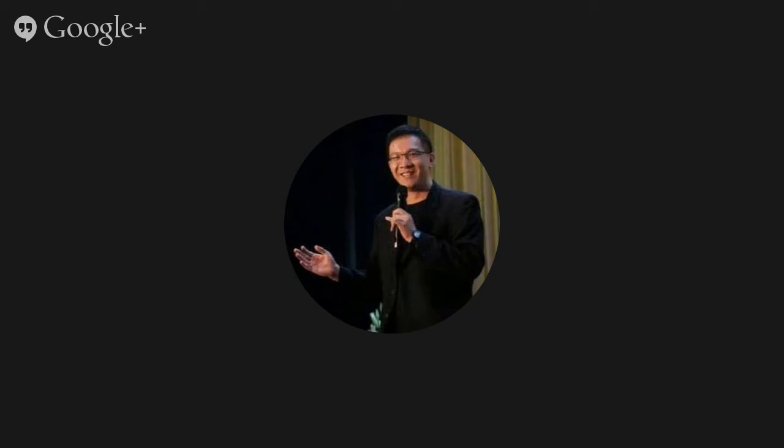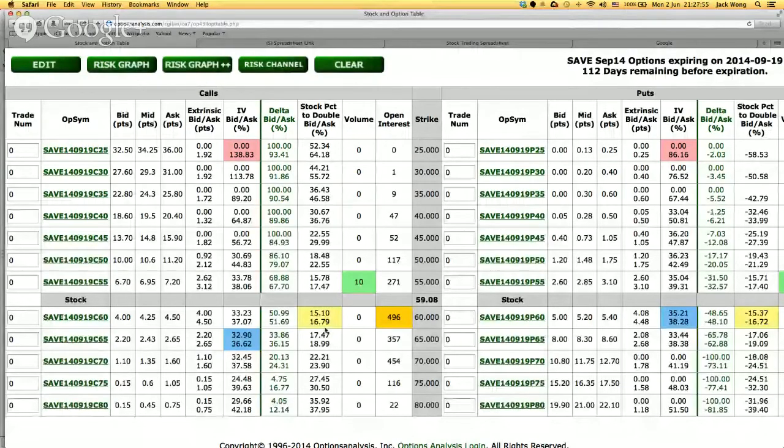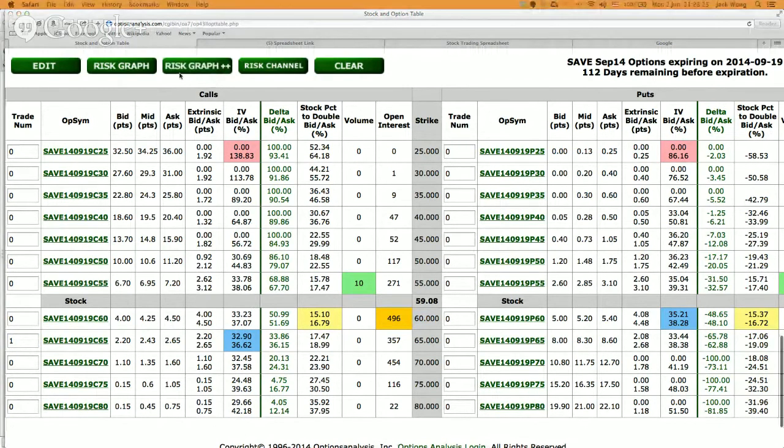So it says that if I were to pick a 60 strike, the stock needs to make about 15 to 16% to double the money, and you see that the price is wow, $4.50. Or the price of the option is somewhere between 425 and 450. Okay, but is that okay? Of course, it's entirely up to you. So I just want to key in this, and I'm going to show you how it looks.